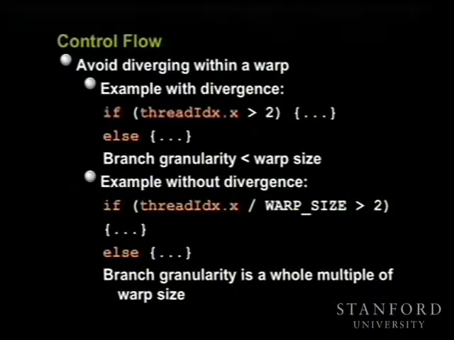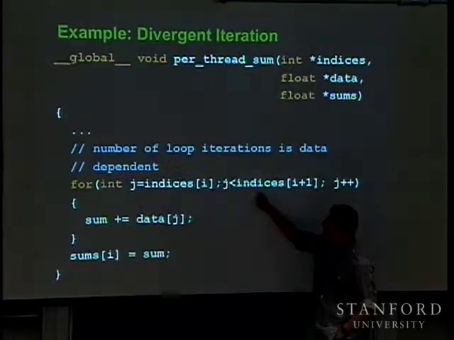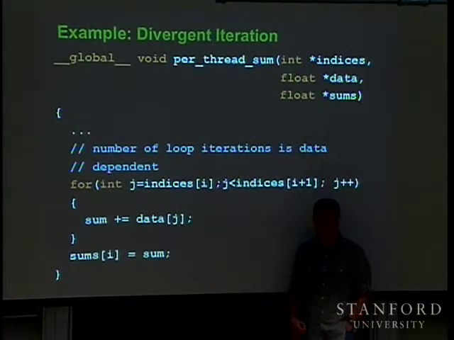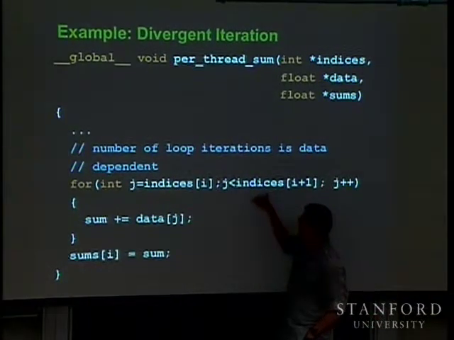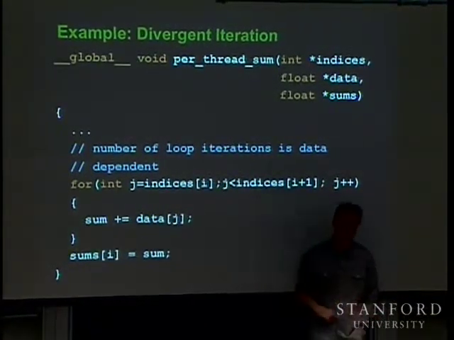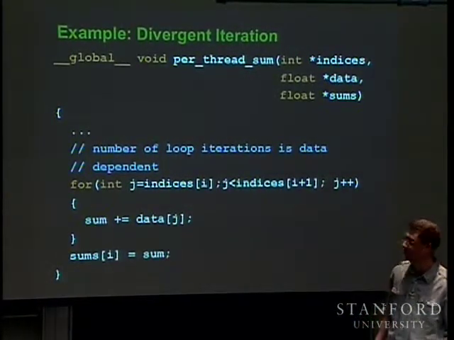But what I really wanted to talk to you about today is this pattern, which hopefully some of you will recognize from MP1 Part 3. Each thread goes off and does a certain amount of work, and the amount of work you have to do is data dependent. Each thread will say, what's the difference between these two values, and will have to execute that loop so many times.